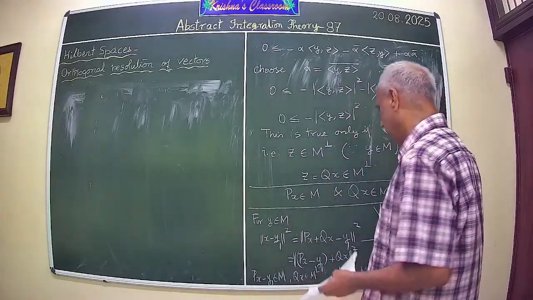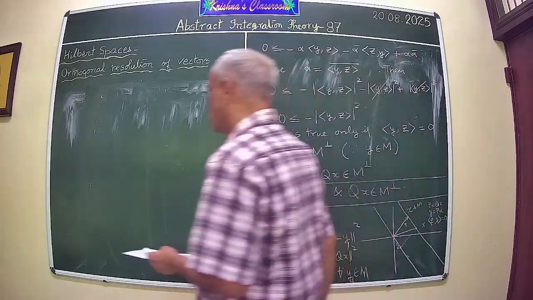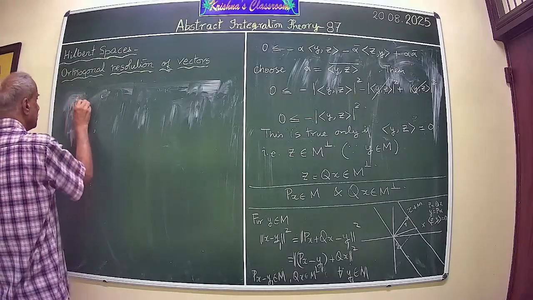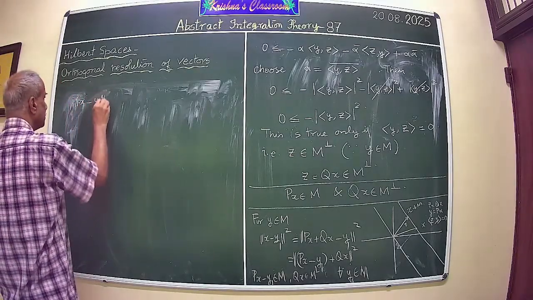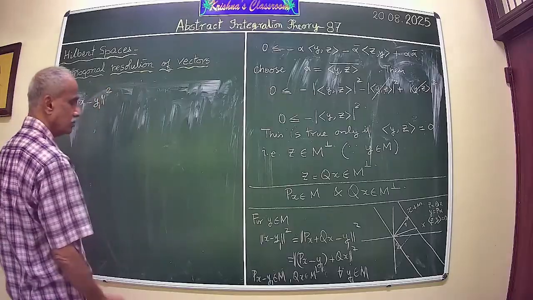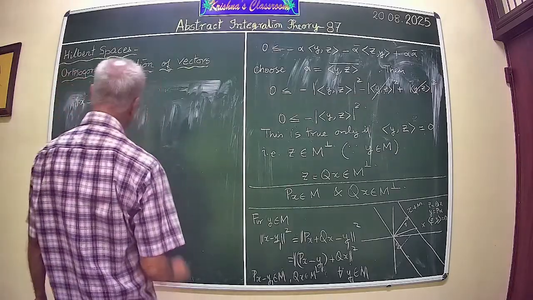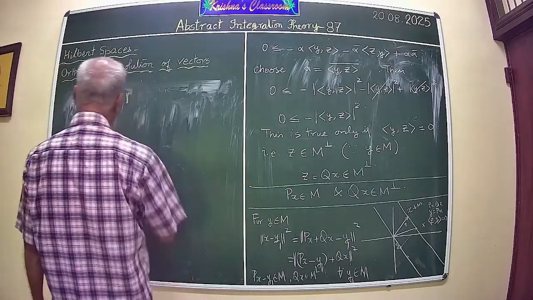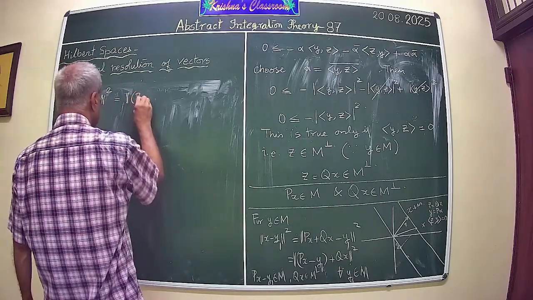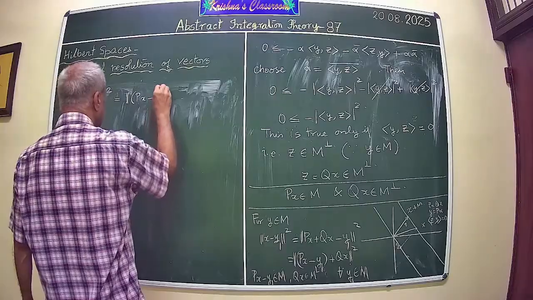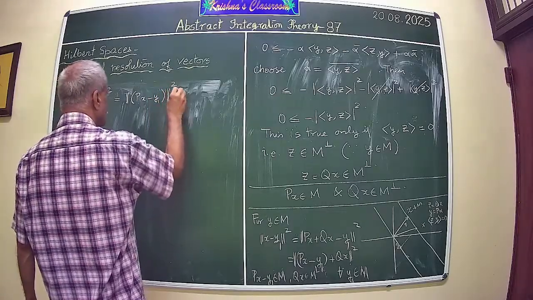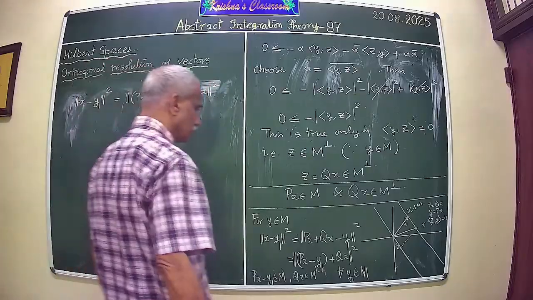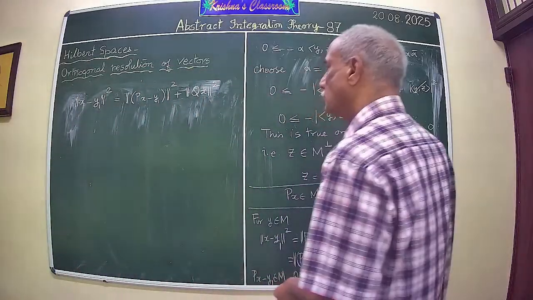For every y1 belongs here. Therefore, what you get? You get whole square equal to norm of whole square.